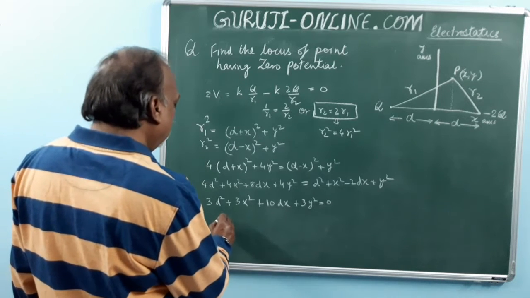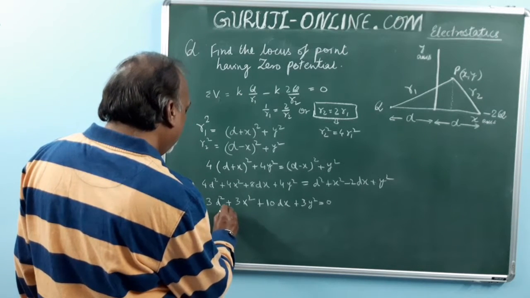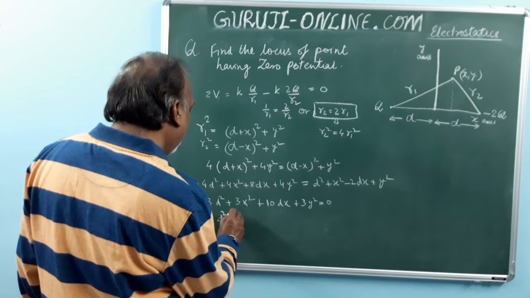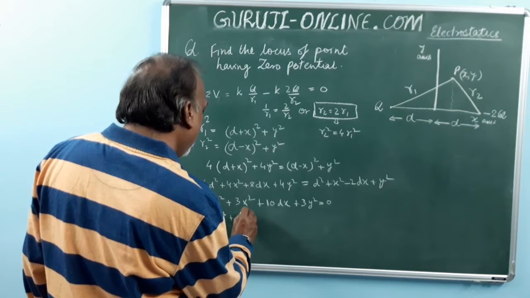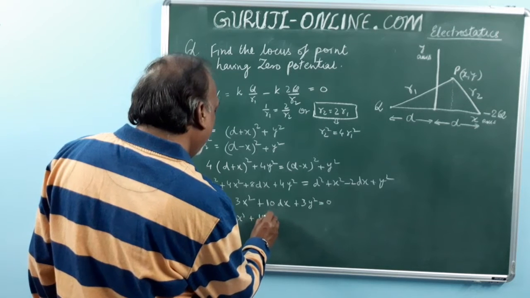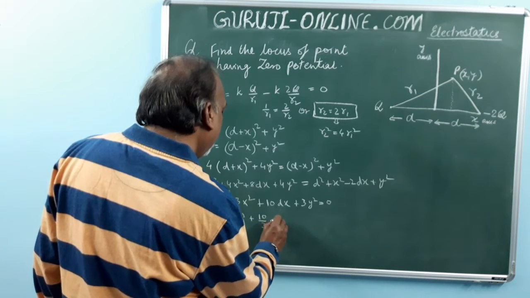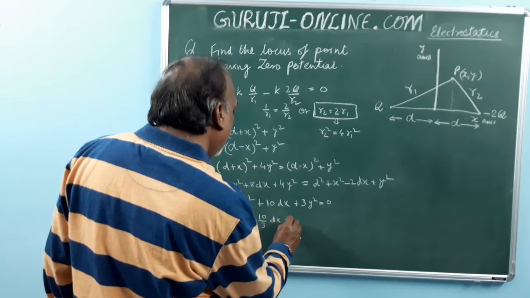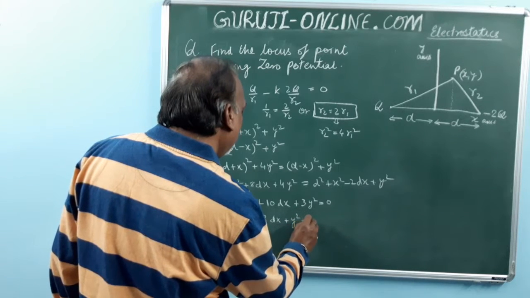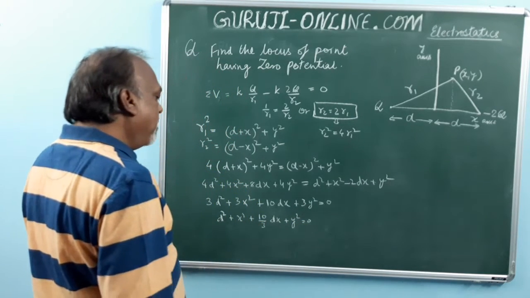This can be written as d square plus x square plus 10 upon 3 dx plus y square. Correct?